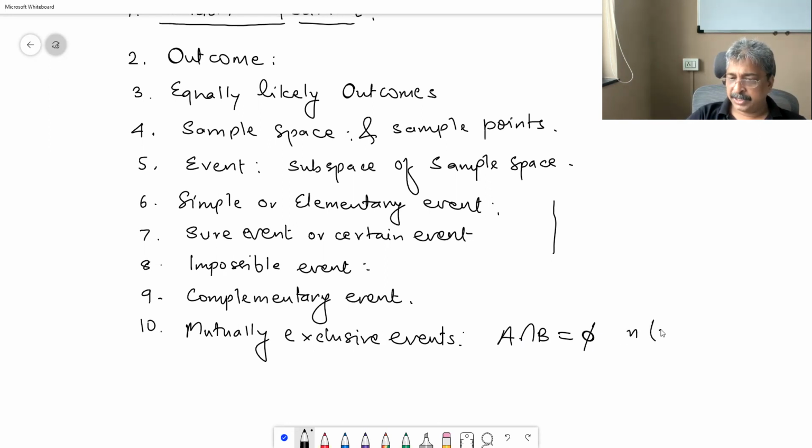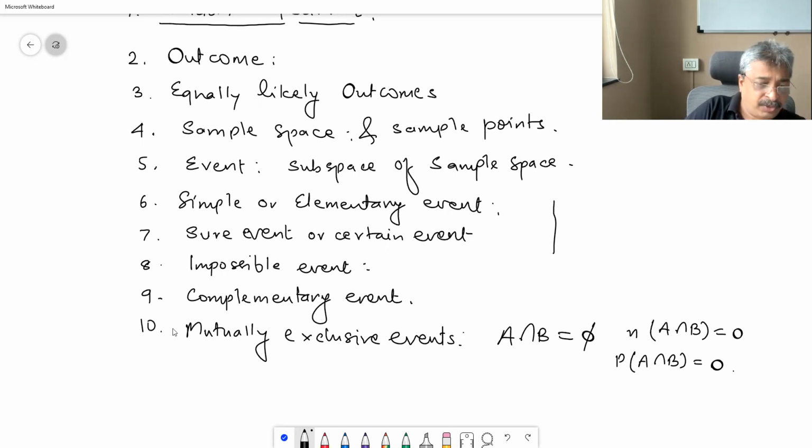The number of points in A intersection B is equal to 0, and therefore the probability of A intersection B is also equal to 0. Such events are called mutually exclusive events. They are not interfering with each other.